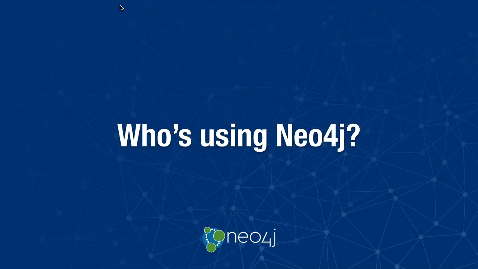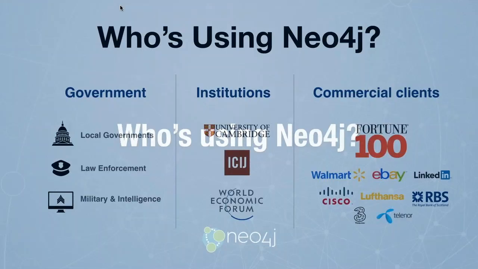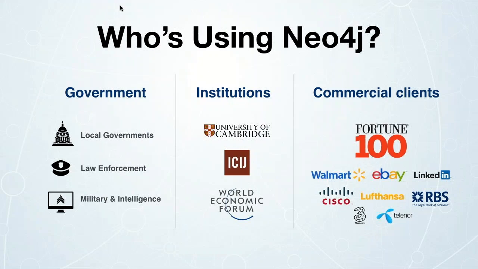and we'd also like to give you an overview of the adoption of Neo4j and what type of companies use Neo4j. And the fact is that we have a very solid adoption from everything from government data operations to institutions like the World Economic Forum, ICIJ, and of course a number of commercial clients in the Fortune 100s like Walmart, eBay, LinkedIn, Cisco, that use Neo4j for a variety of use cases.